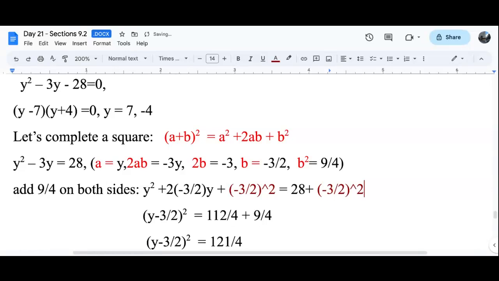You say a is y, b is negative 3 over 2. So we have a squared plus 2ab plus b squared, and that is a plus b squared. That is y minus 3 over 2 squared. Does this make sense? Or anyone has any questions?